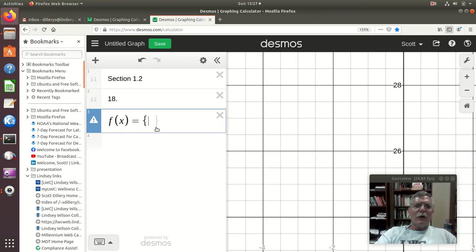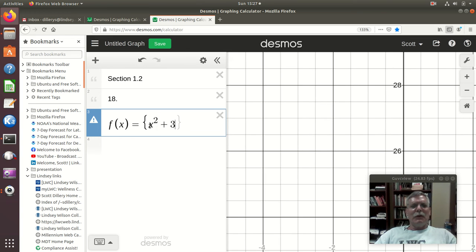So there's my wavy curly brace, just like if I look at number 18, that's what it has. And then I do my first condition. Well, it's x squared plus 3, so x squared plus 3.